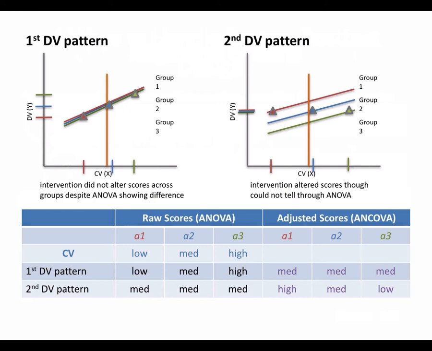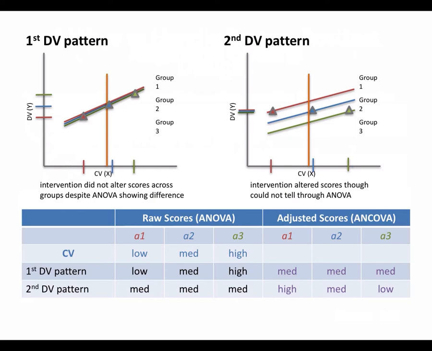But if we were to adjust these three groups to start off as if they had the same pre-existing anxiety scores, they would slide down to here, slide up to here, all lined up on this orange line, and then their DVs would be no different. Does that make sense?